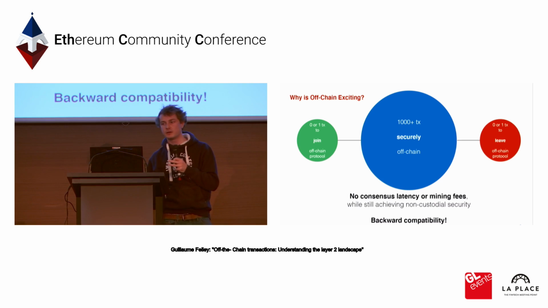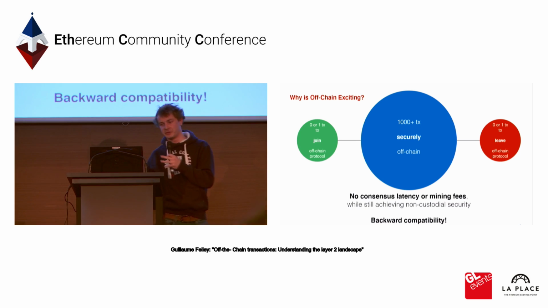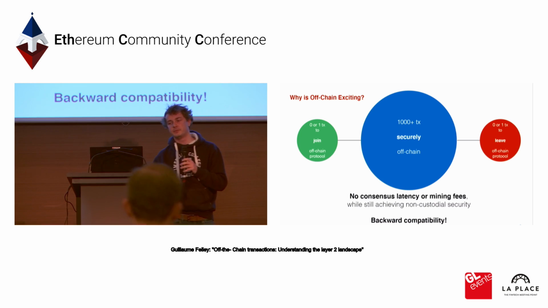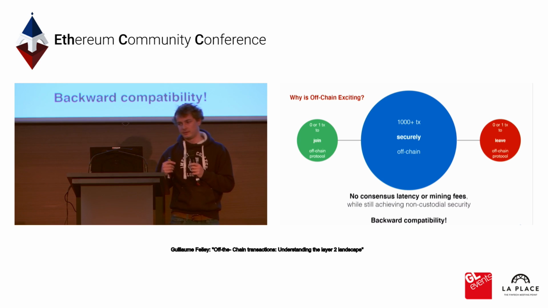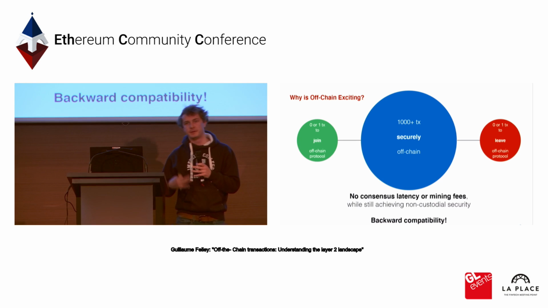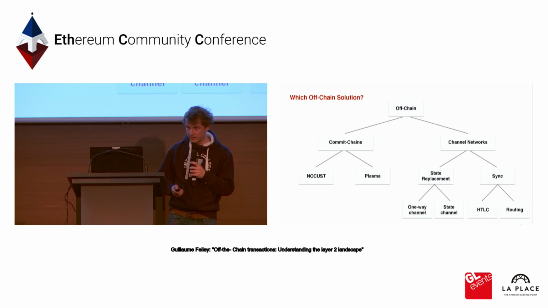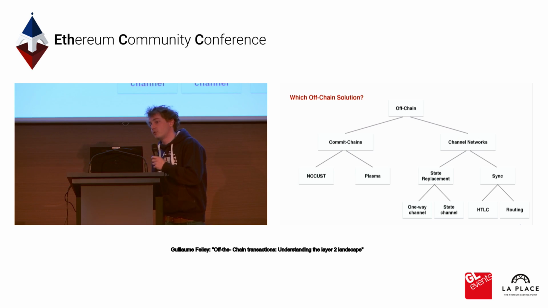But in between, you can do as many off-chain transactions as you want that are hopefully secure, and you don't have any latency, and you don't need to pay any fees to the miners. Last but not least, you have backward compatibility, which means that you can implement this on blockchains like Ethereum.